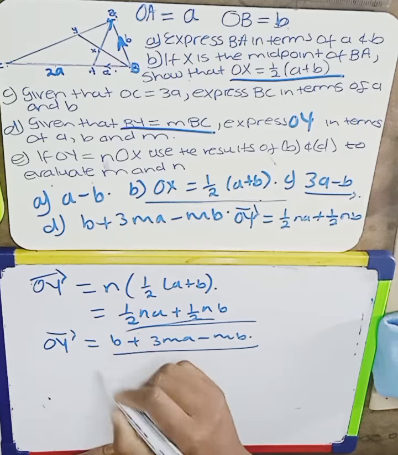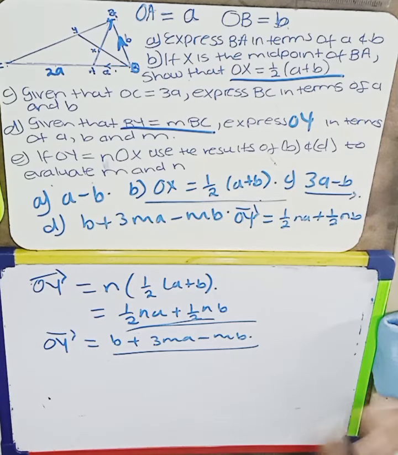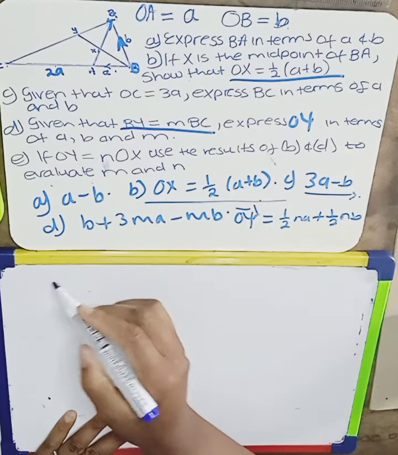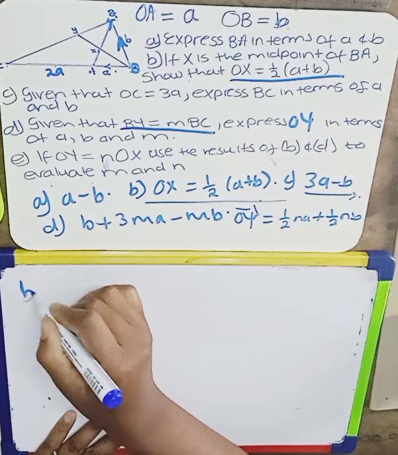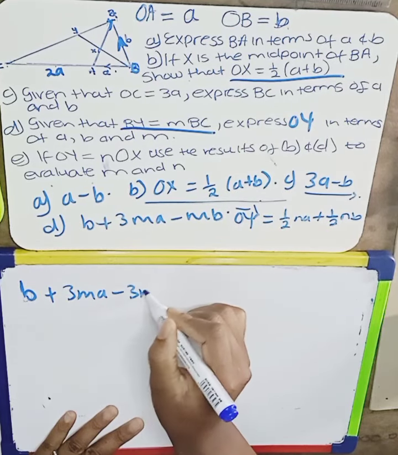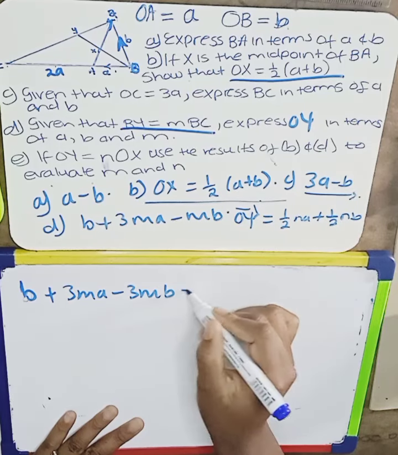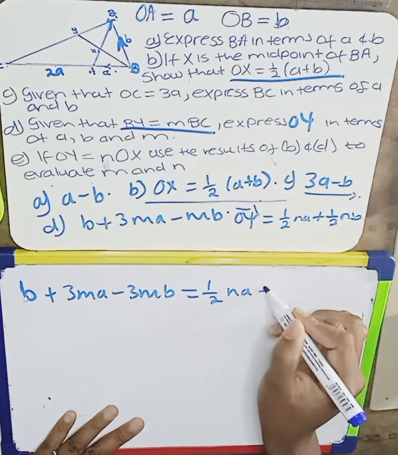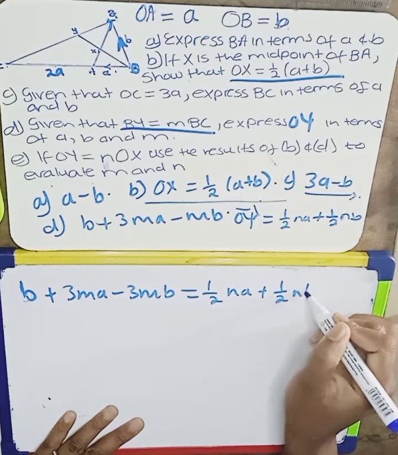So I'm going to erase this part and rewrite them so that I save my board. So we said OY is equal to B plus 3MA minus 3MB, right? And the other OY, we said it's a half NA plus half NB.